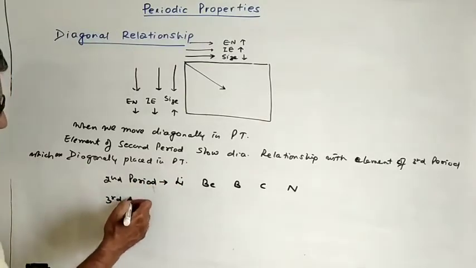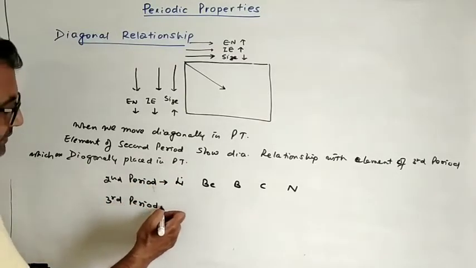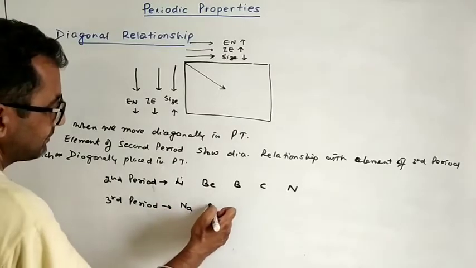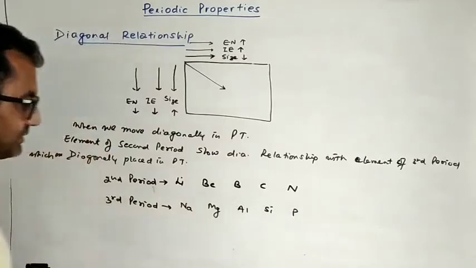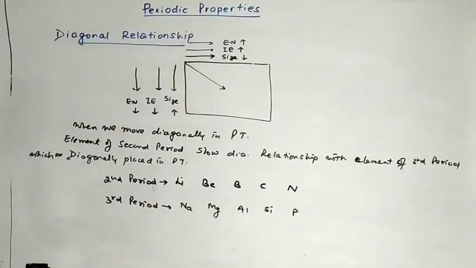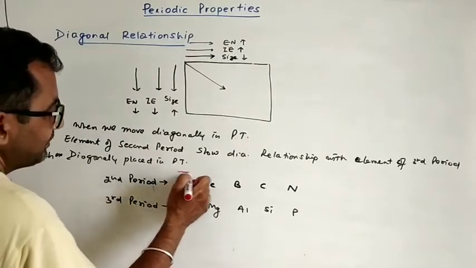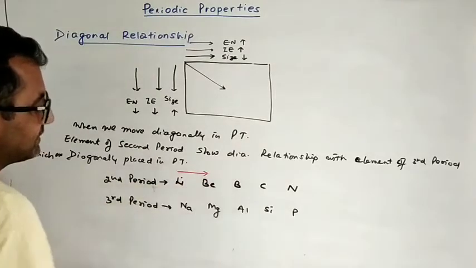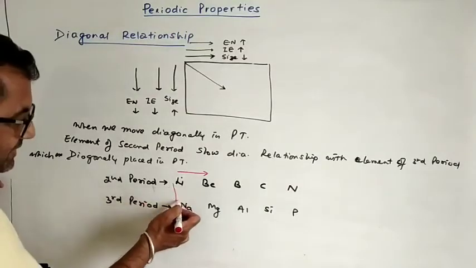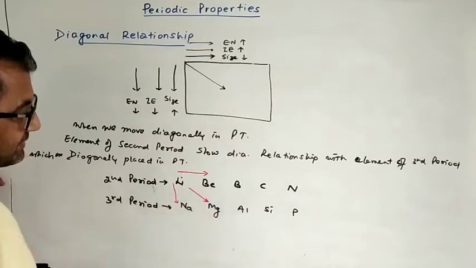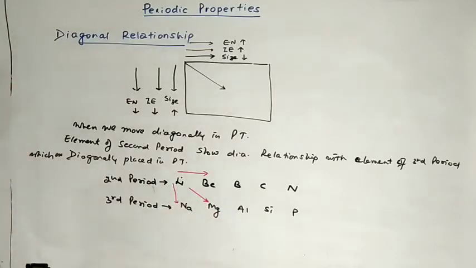Third period elements are, say, sodium, magnesium, aluminium, silicon, phosphorus. So when we move from lithium to beryllium, size decreases. When you move from lithium to sodium, size increases. And when you move to this side, size remains almost the same.